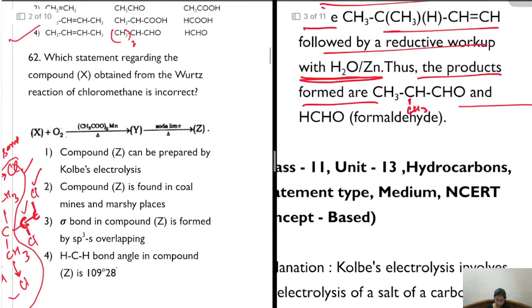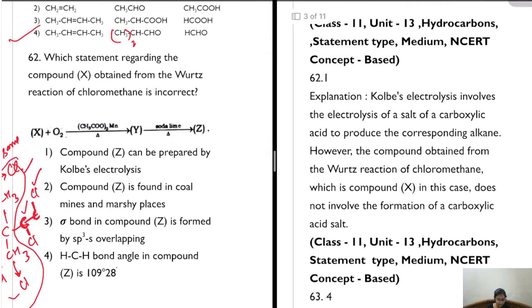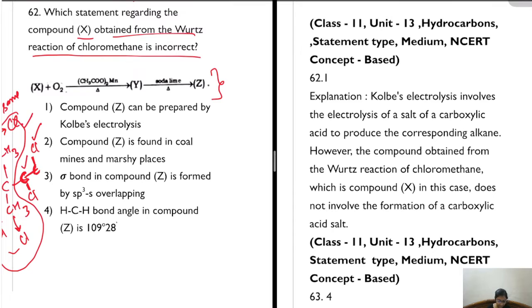Now let's see the next question. Which statement regarding the compound X obtained from the Wurtz reaction of chloromethane is incorrect? This is the reaction given to us. Compound Z can be prepared by Kolbe electrolysis.